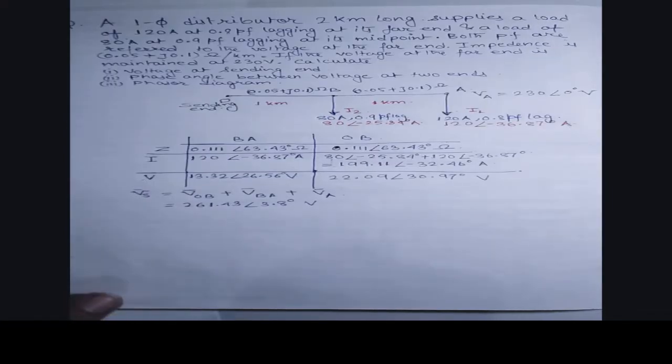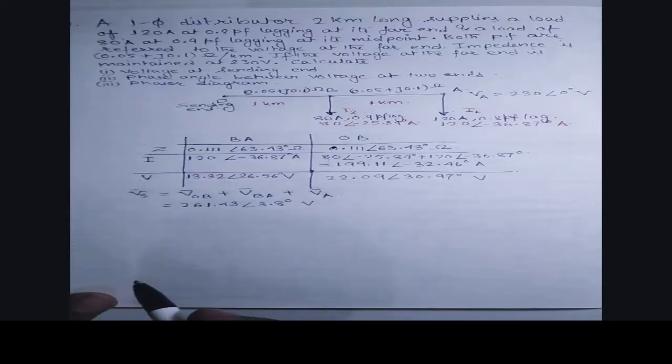This type of sum, if you do using this tabular form, there is no requirement to remember any formula. This is just an application of circuit theory. It will seem easy to remember.